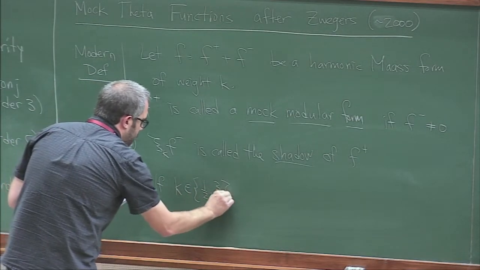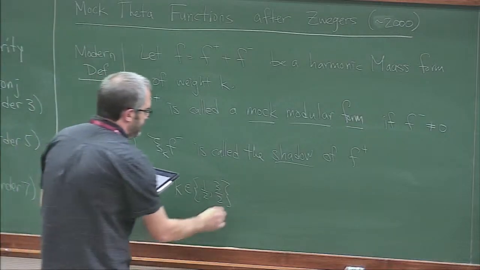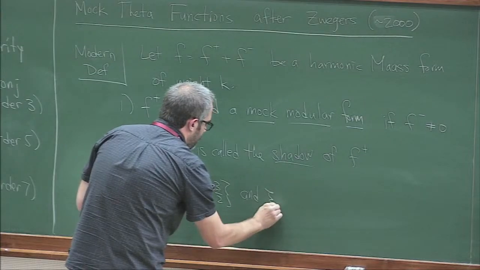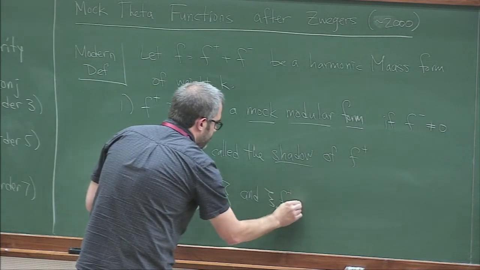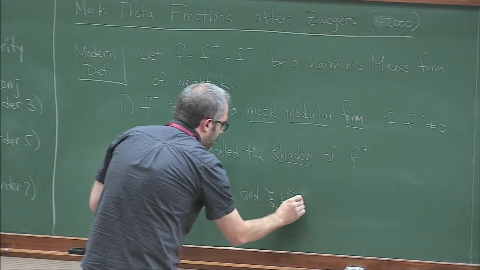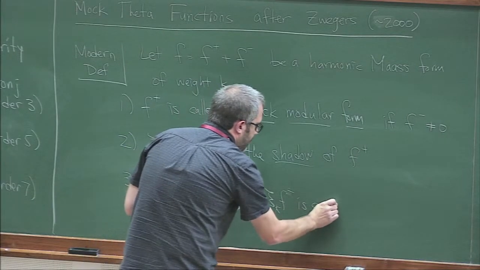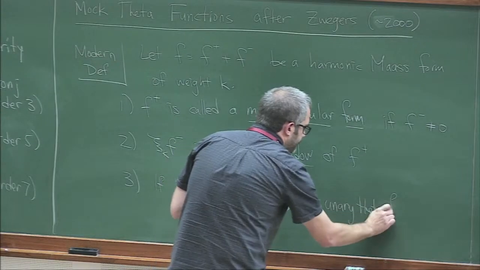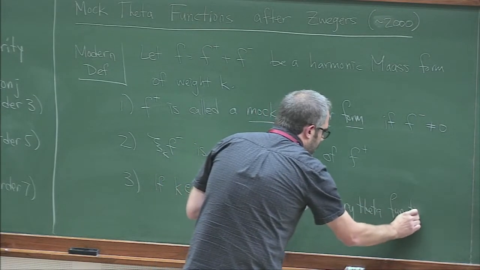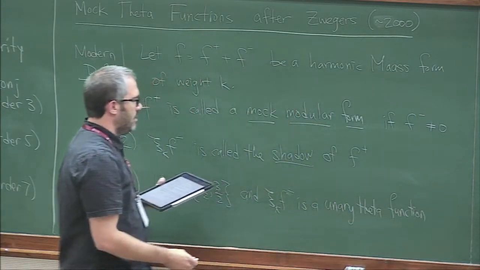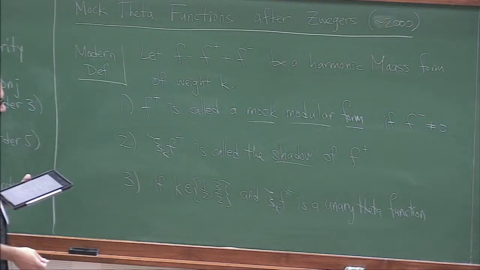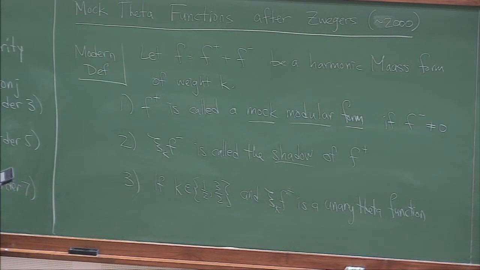So if the weight is one of these 2 special weights, and the shadow is a unary theta function, meaning one of those theta functions that Michael wrote down in the positive definite case, but with just one variable.